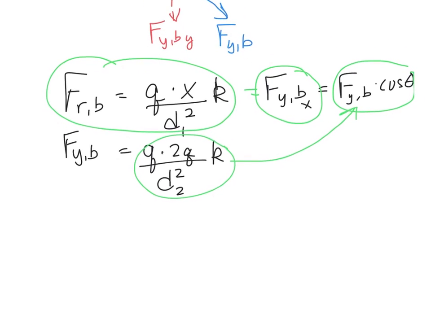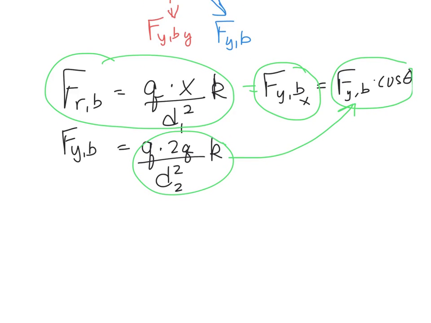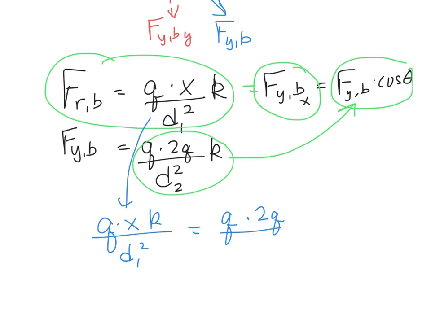Scoot that up a little bit. There we go. So I've got Q times X times k over d1 squared. That's F red on blue, that's this. That is equal to Q times 2Q over d2 squared times k. That's this, but it's times cosine theta, sorry, not cosine X. I can cancel some things out.